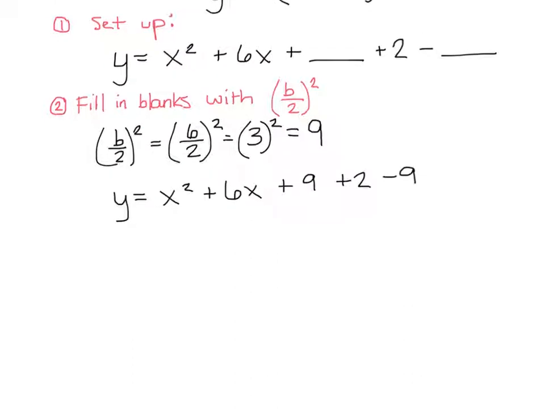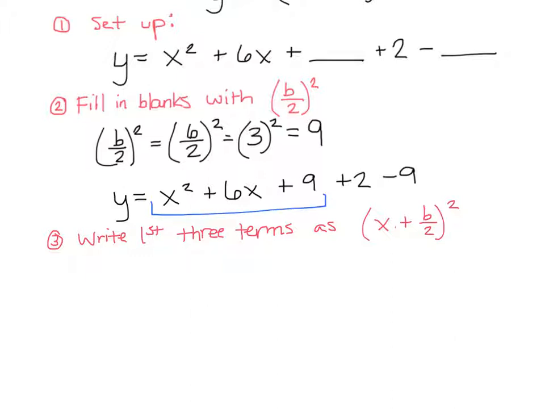Okay, we're almost done. You have one more step. Step 3. Write the first 3 terms as, same thing we used in completing the square, x plus b over 2 squared. So you're going to take the first 3 terms. We created a perfect square trinomial right there. So we have x.